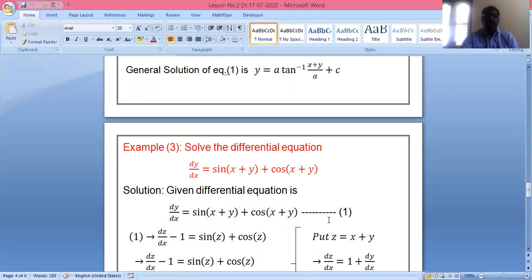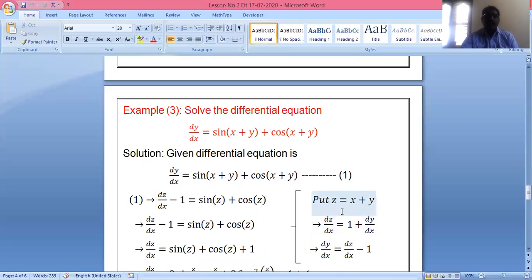Let this be equation 1. Here our substitution is z = x + y. Differentiating with respect to x, we get dz/dx = 1 + dy/dx. That implies dy/dx = dz/dx − 1.